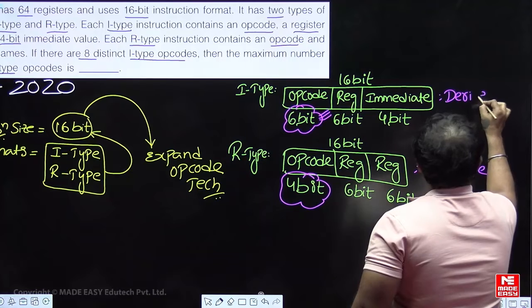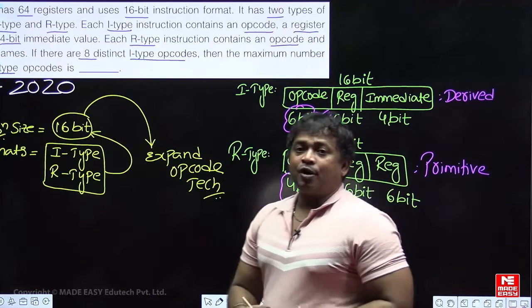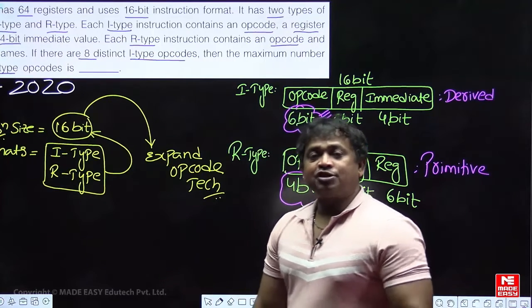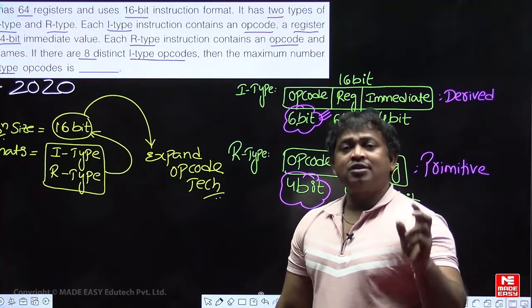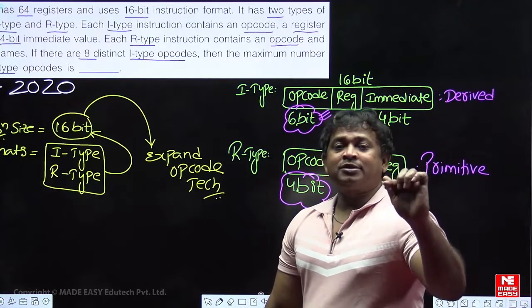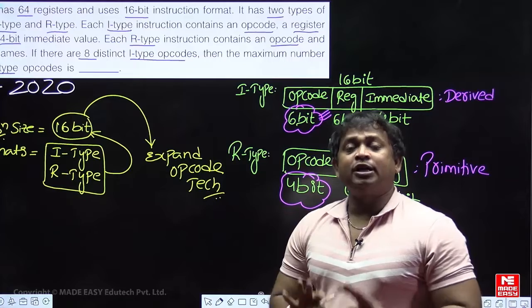First we need to design the R-type, later identify the free opcodes and use them to design the I-type. First design the primitive instructions, identify the free space, later use the free space to design the derived instructions. That is the expand opcode technique procedure.